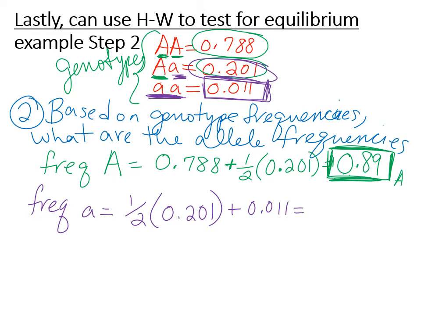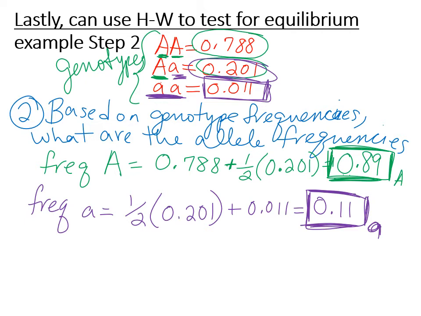Okay, and that should give you 0.11. Now, you also could have simply done, once you have the first number, which in this case was 0.89, 1 minus 0.89, because like we mentioned earlier, you have to have the frequency of both of your alleles equal to 100. So you could have done it that way as well.